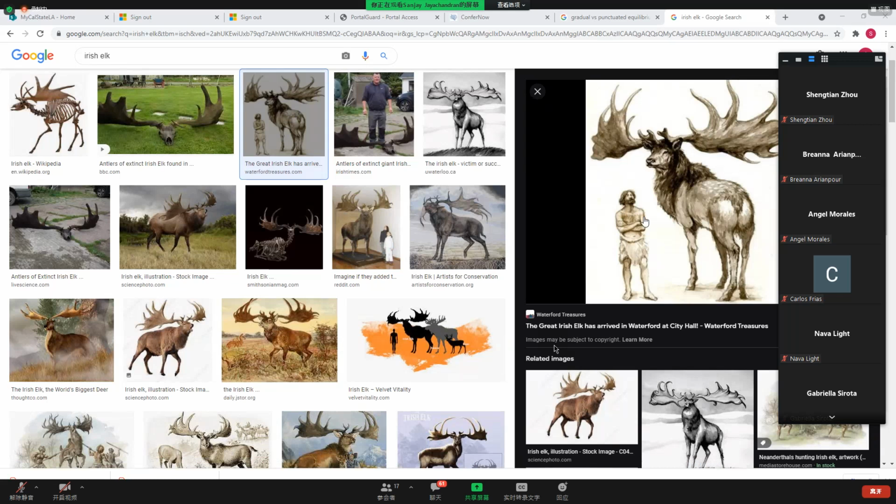Why have bigger and bigger antlers without helping you protect yourself? So what's the selective advantage? It's easier to kill prey, maybe. It's a deer, it doesn't kill. It can protect itself better.